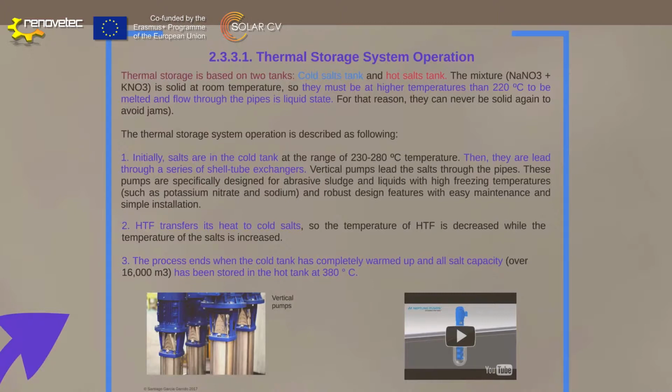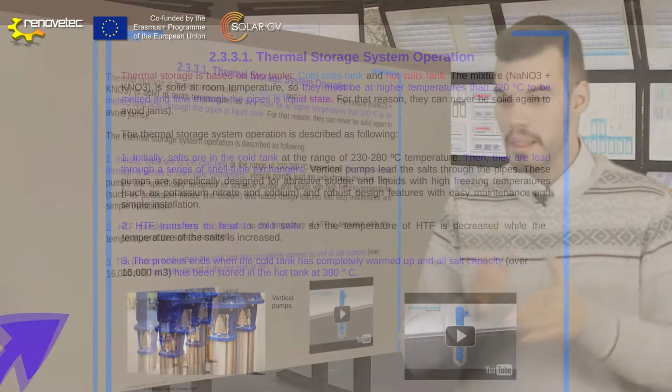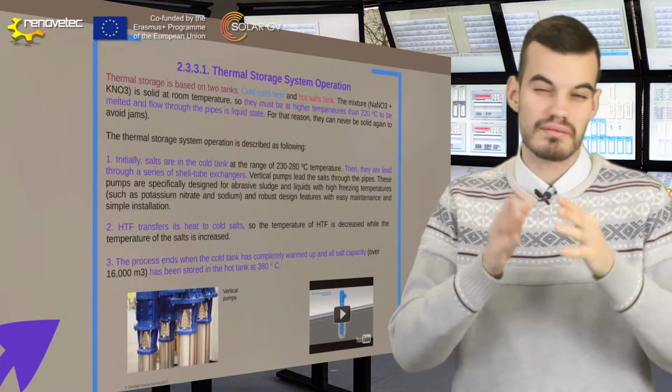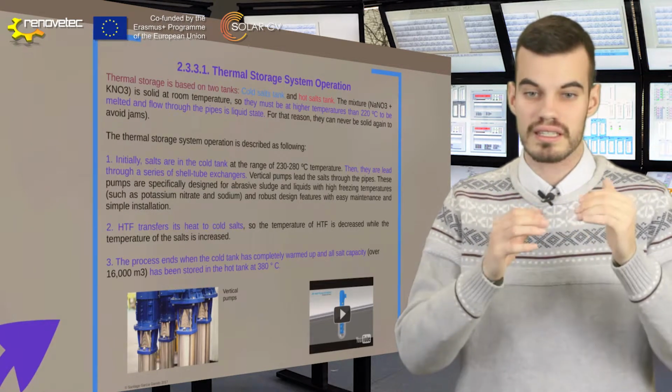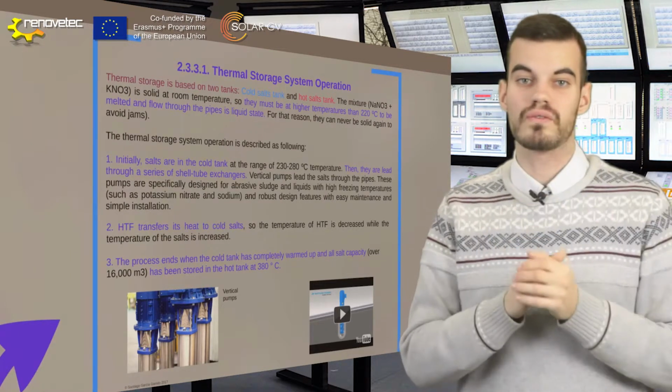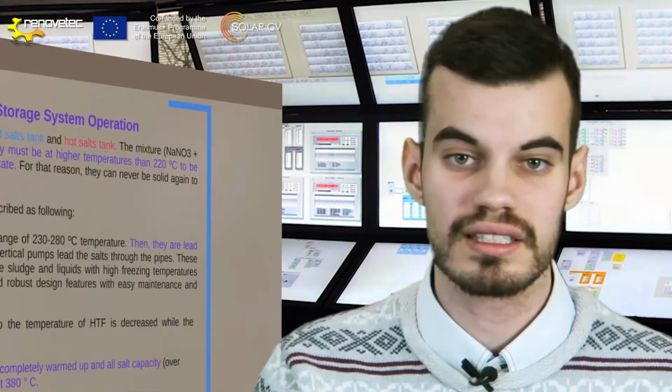These salts are driven by some vertical pumps, and the HTF transfers its heat to the cold tank. So this HTF loses some heat and the salts gain some heat. So we must understand that this thermal storage is the increase of the heat of these cold tanks.